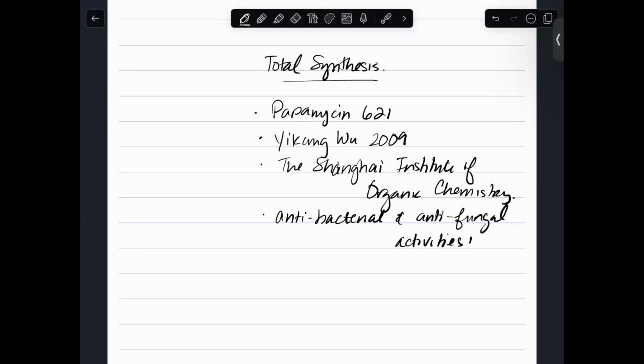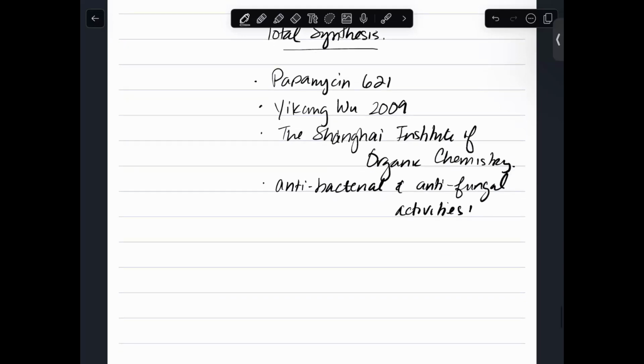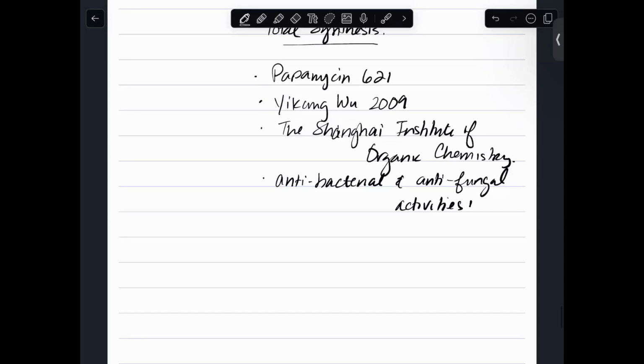Wu did a beautiful job at highlighting Evans oxazolidinone chemistry, and you can read about it in his Organic Letters paper in 2009, volume 11.